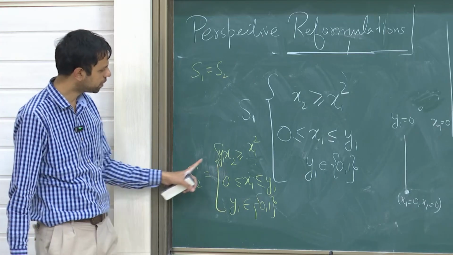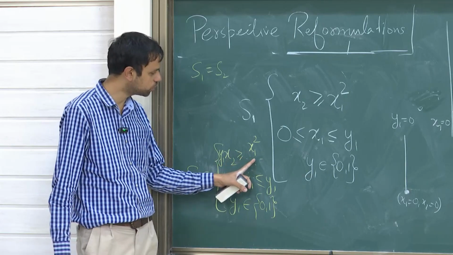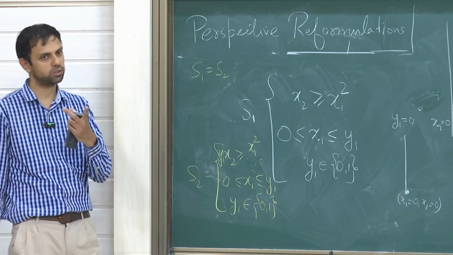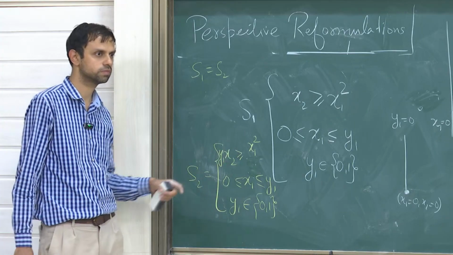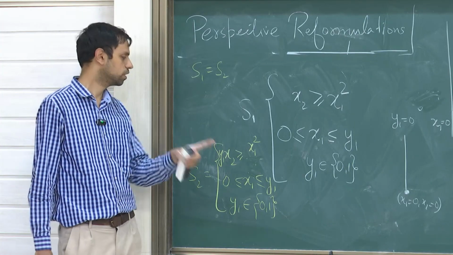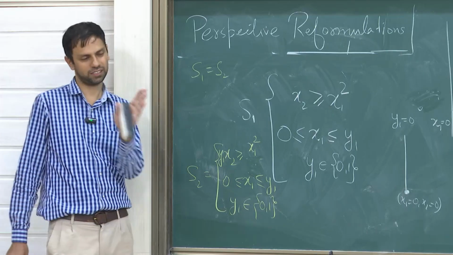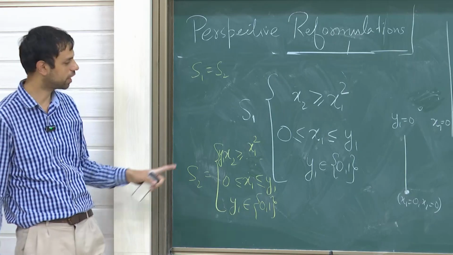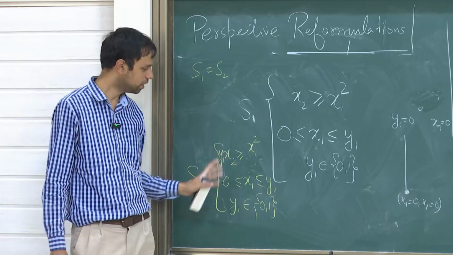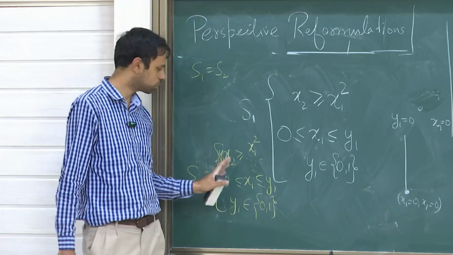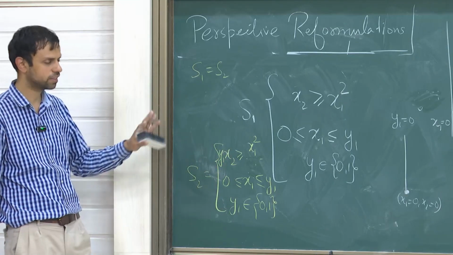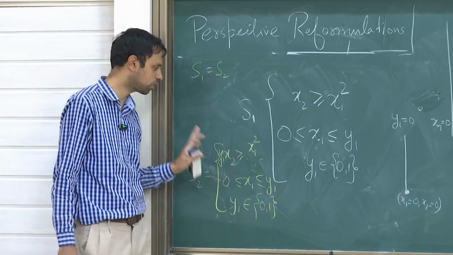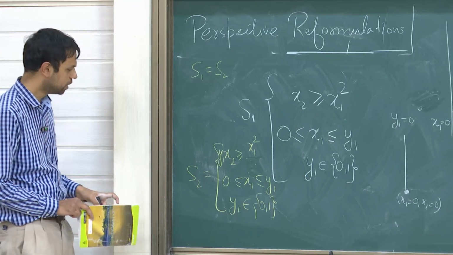But if I write it as x2 greater than or equal to x1 squared by y1, it is actually a convex function, provided y1 is slightly away from 0. So I can redefine this function slightly, and it will turn out that the set of feasible points in the relaxation is a convex set, even though it may not look like a convex set right now.